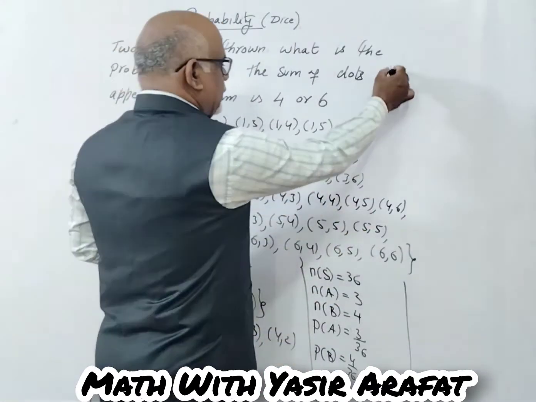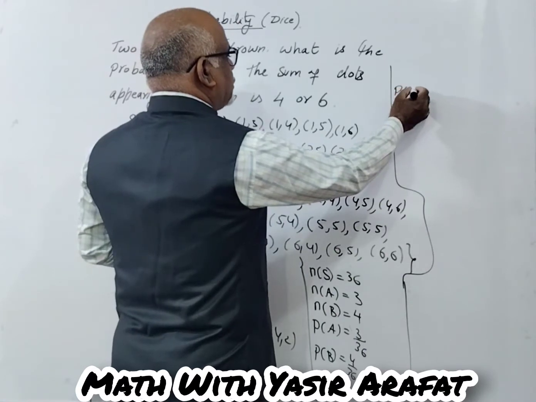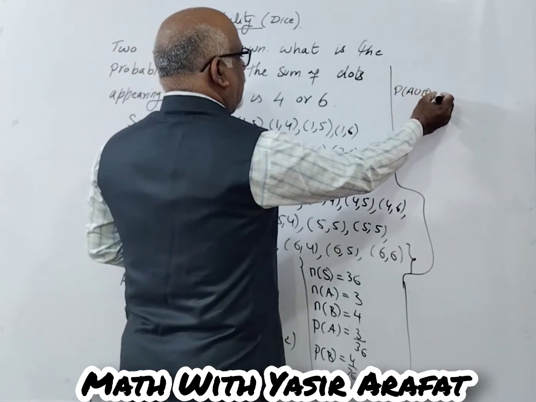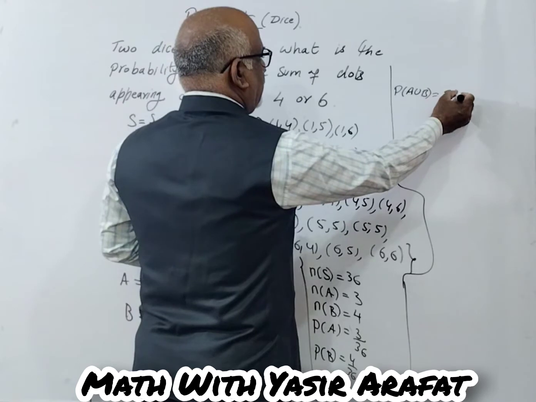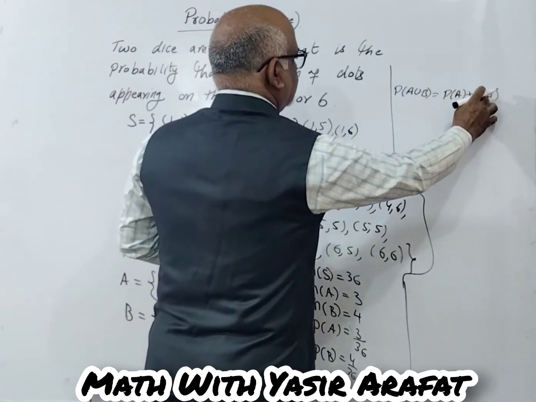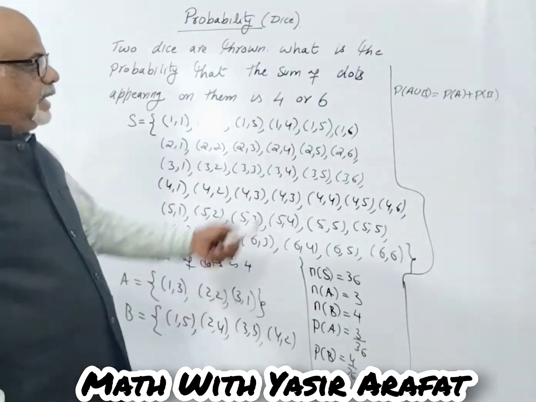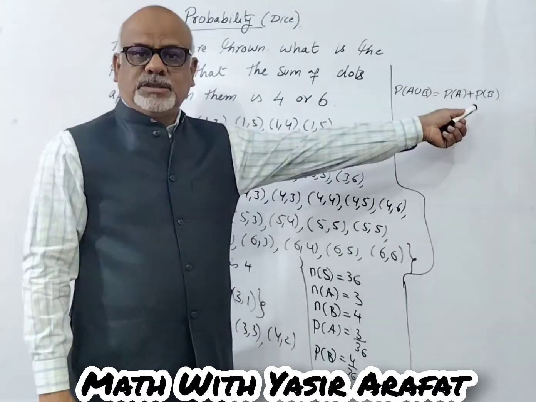So here A and B are mutually exclusive events. So P of A union B will be equal to P of A plus P of B, because A and B are disjoint sets. That means they are mutually exclusive events.